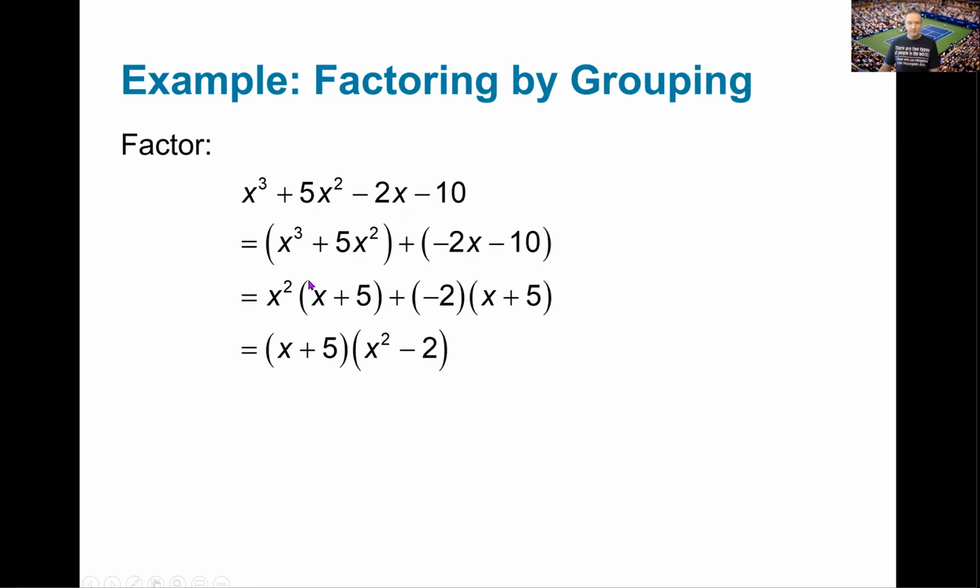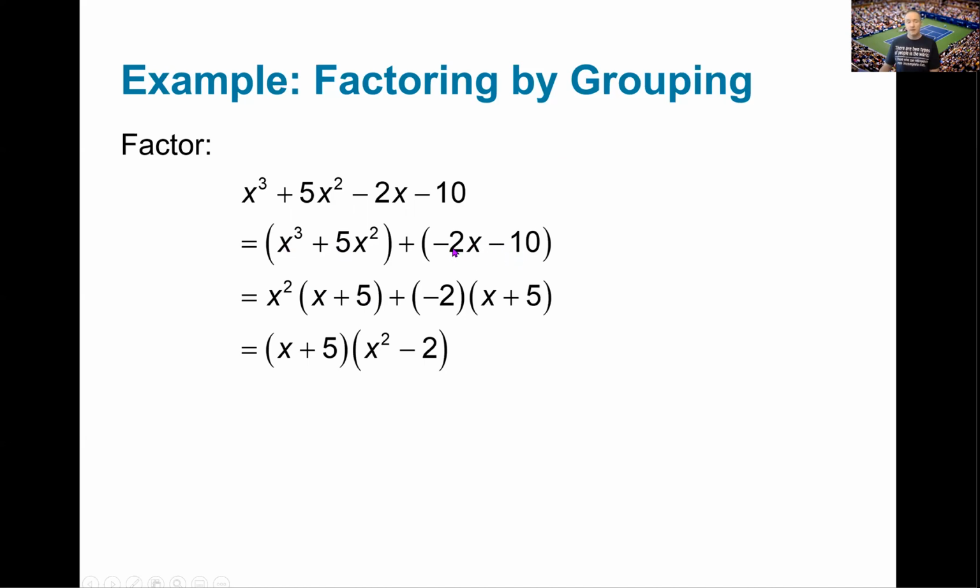Now, in that first group, between x cubed and 5x squared, you can factor out an x squared. That's going to leave you with x plus 5. Now, instantly, as soon as I do that in the first group, I know that the second group better have an x plus 5 left over as well. If it doesn't, I've done something wrong. So here I'm looking at the second group, the negative 2x minus 10.